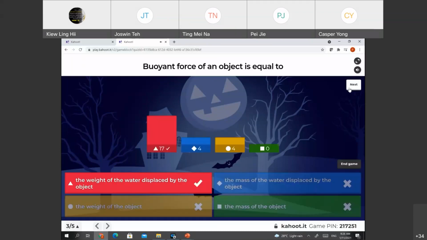It's not equal to the mass of the water. Remember, this is a force, so it has to be in Newton. Weight is in Newton; mass is in kg. Weight of the object is a downward force, while buoyant force is an upward force. So it's equivalent to the weight of the water displaced. Okay, very good.